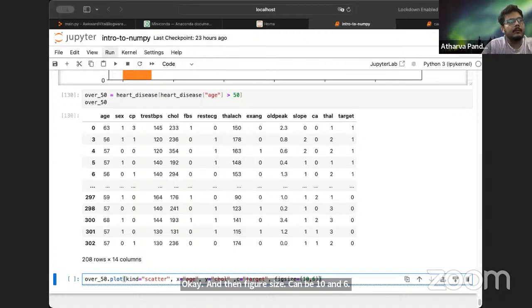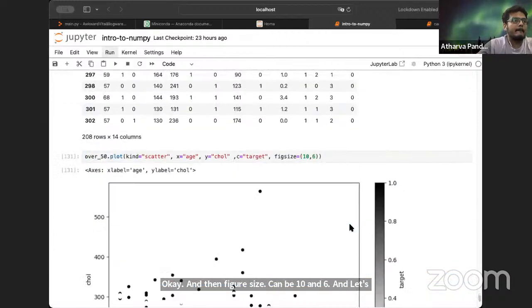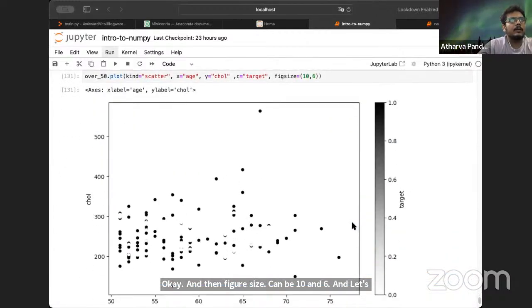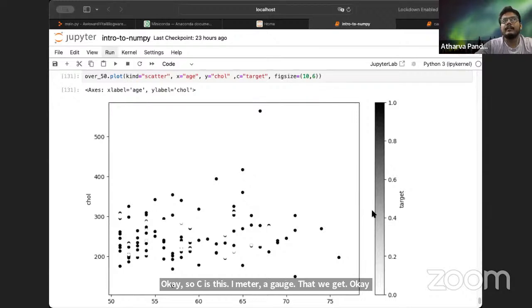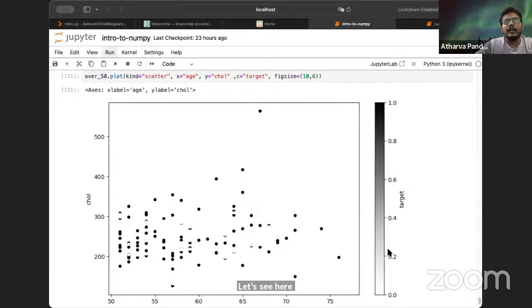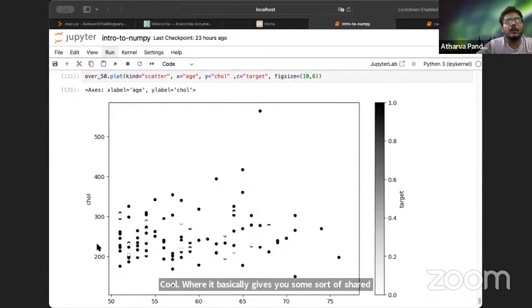And let's see. So C is this amazing side meter, the gauge that we get. Cool. It basically gives you some sort of shade. What does that mean?